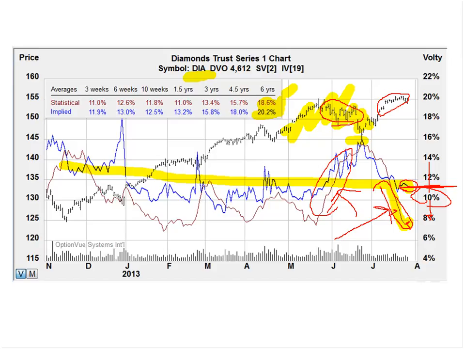We don't like to look at the current levels of implied and statistical, but we look at the direction of the trend of statistical for that. Now look, you mentioned iron condors, Raj, and butterflies. All this assumes that you know how to make adjustments in those non-directional strategies.